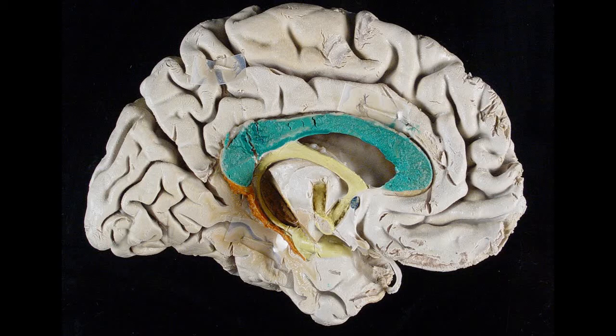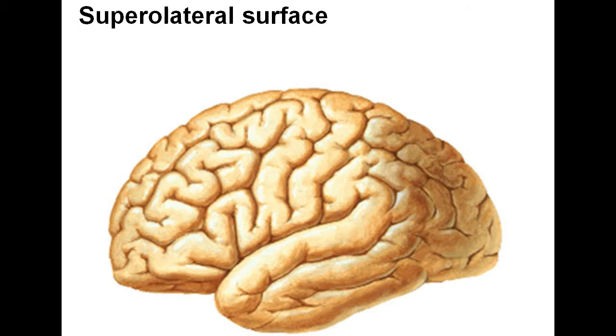We'll go now to each cerebral hemisphere, and in that we'll go to the external features. It has surfaces, poles, borders and lobes. First we'll deal with the three surfaces. Number one, the superolateral surface.